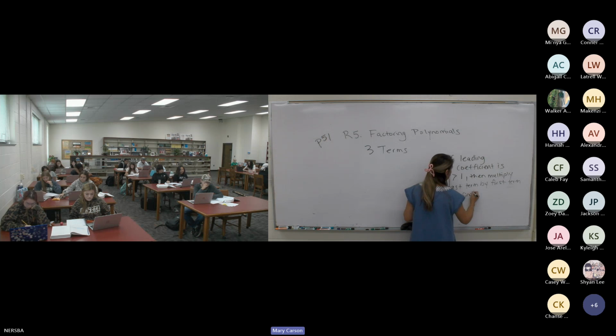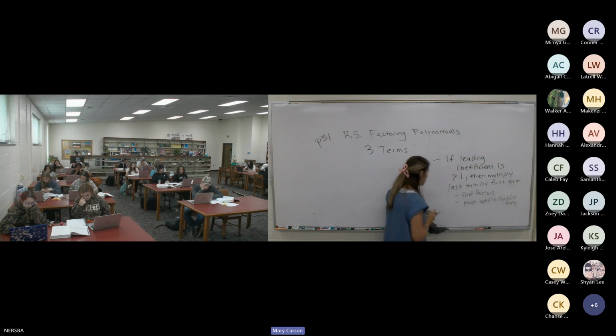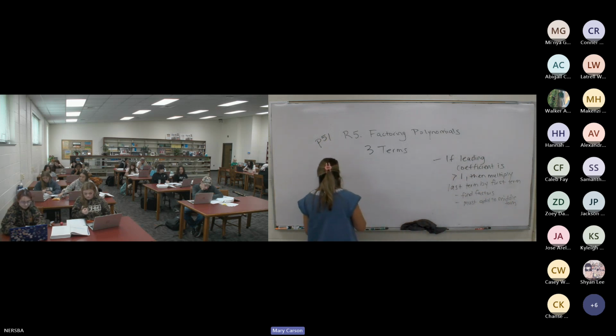Find the factors, and they also still must add to the middle term. Again, this is all in that factoring cheat sheet, so if you don't want to write all this down, you don't have to.